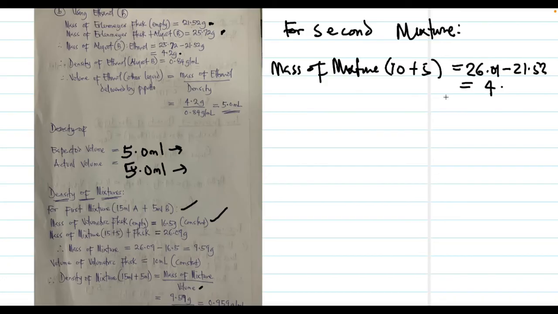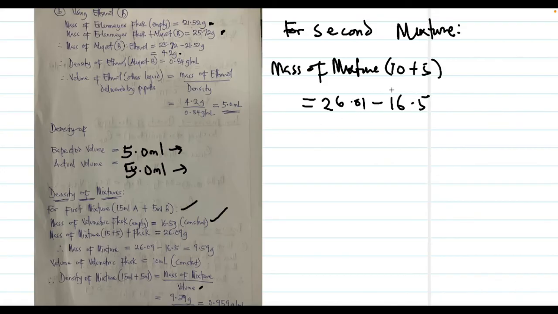Sorry, please, the mass of the flask is not 21.52. The flask we're using is not a conical flask, it is a volumetric flask. Sorry for that mix-up. The mass of the mixture will now be 26.01 minus 16.5, because we had transferred into the volumetric flask.